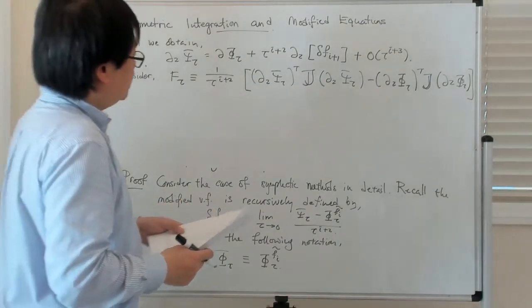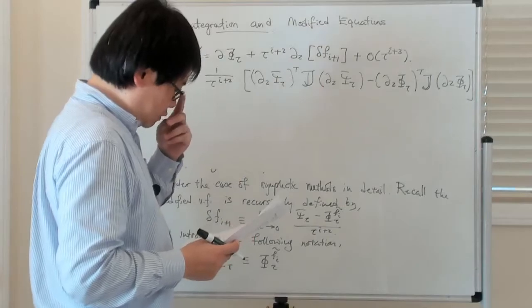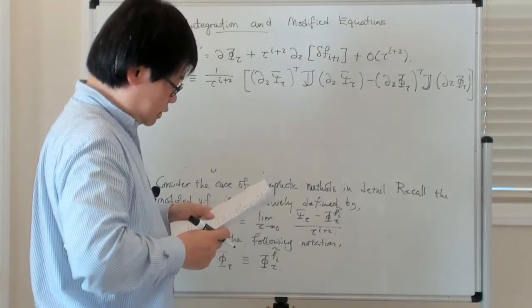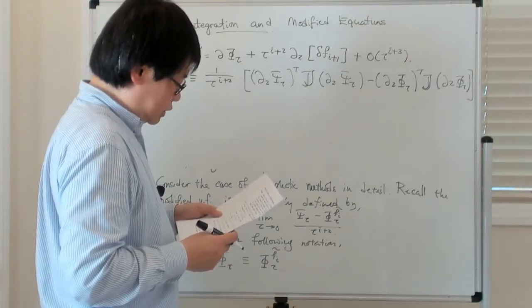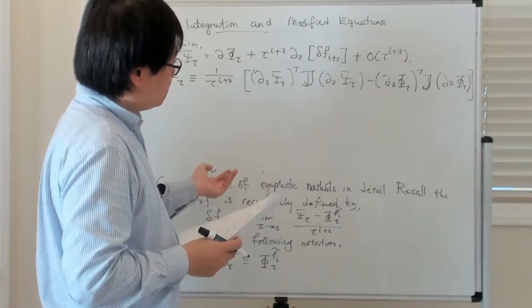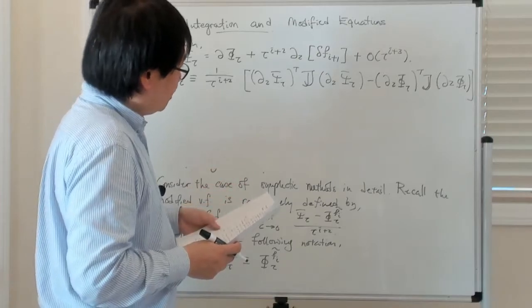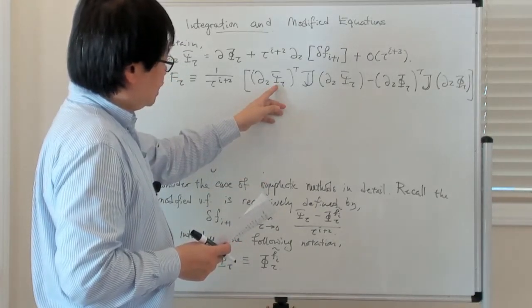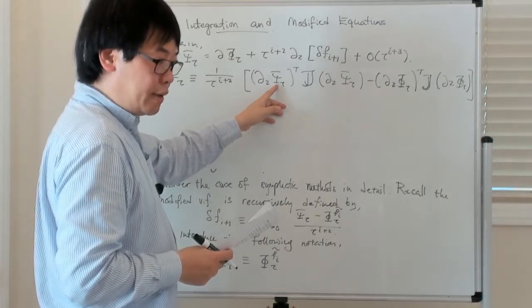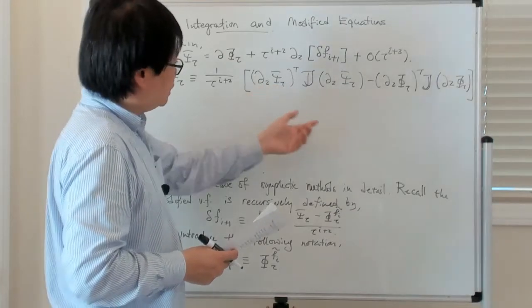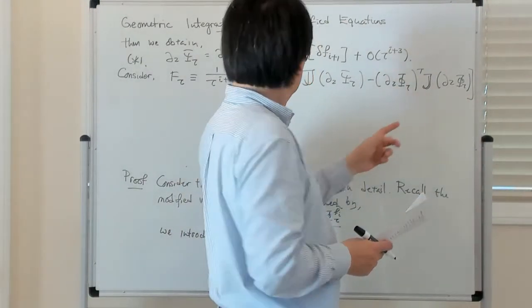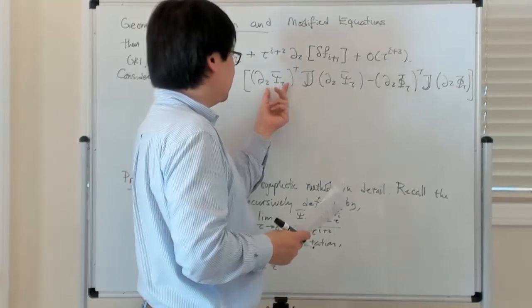Okay, but what you assumed was that, by the inductive hypothesis, this is the exact flow of a Hamiltonian vector field. So this is symplectic, and then this is the one-step method, right? So the one-step method is symplectic.